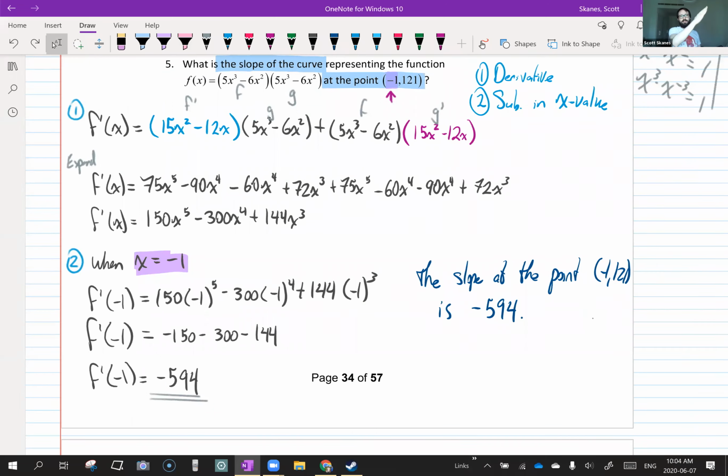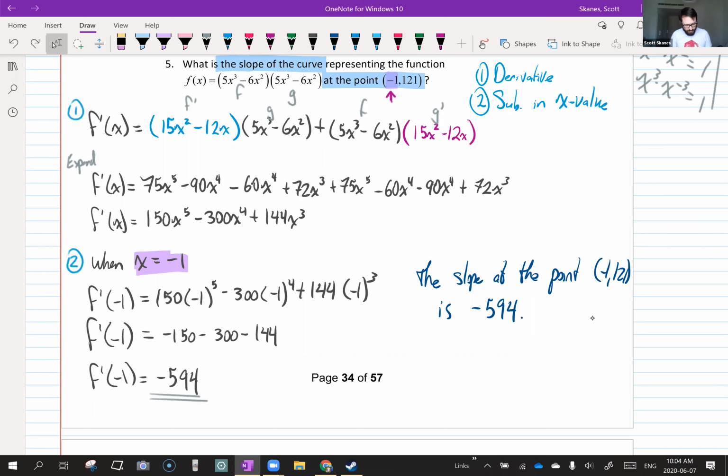So remember, this is positive slope. This is 0 slope. This is negative slope. And if it's -594, it means it goes down 594 points for every 1 it goes over. So it's super steep. If you were walking down this thing, you would have no chance. It's like a mountain, okay?